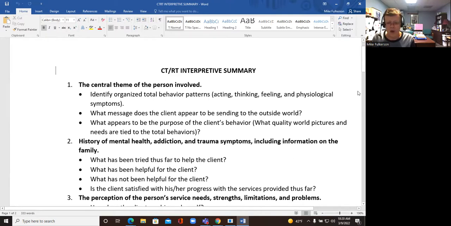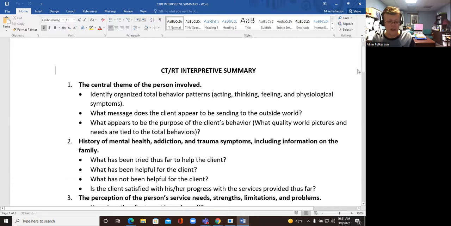A second category that's part of the case conceptualization or interpretive summary is the history of mental health, addiction, and trauma symptoms, including information about the family. So we can simply ask ourselves, what has been tried thus far to help the person we're serving? Have outpatient services been tried? Case management? Has hospitalization been made? Has foster care services been in place?